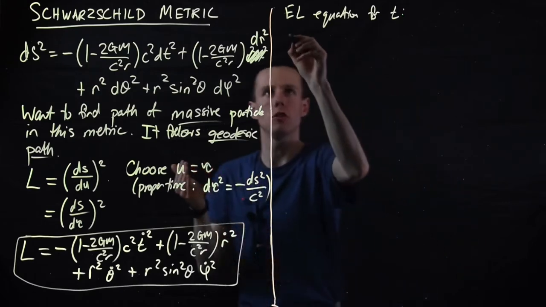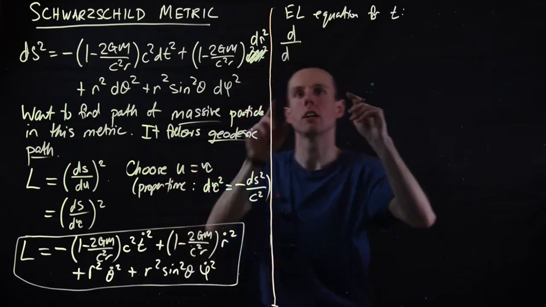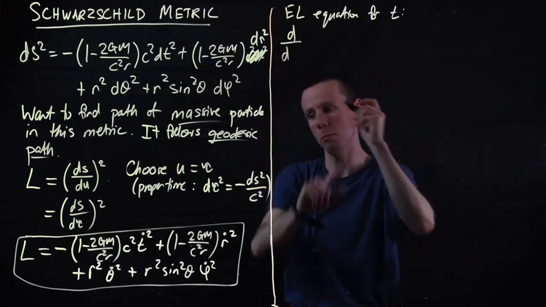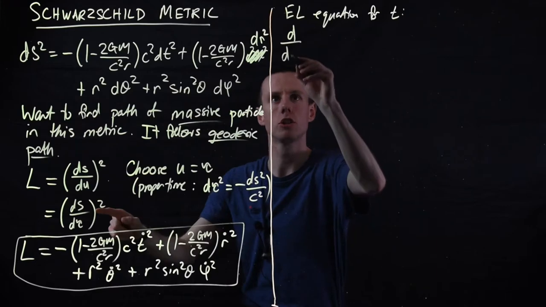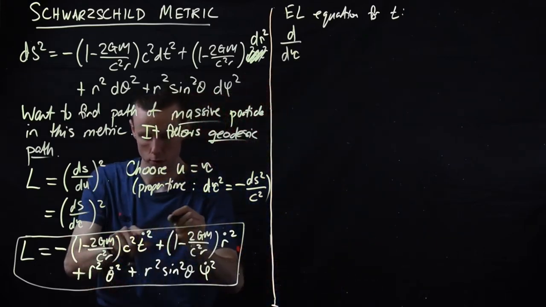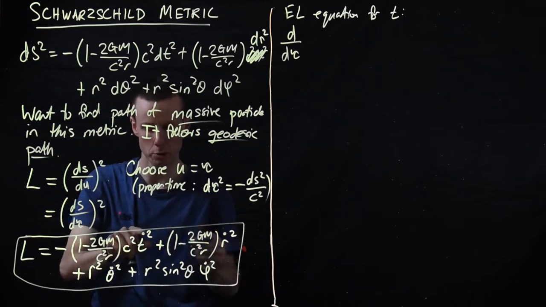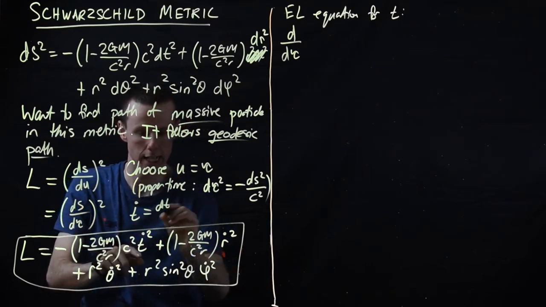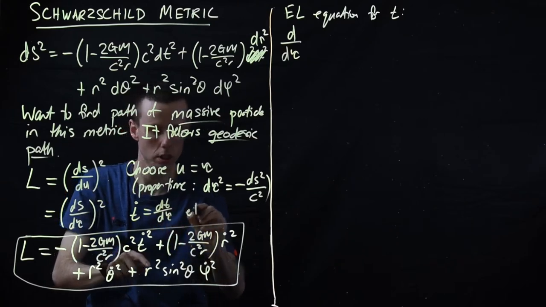And what is it? It's d by du, where the parameter of the geodesic goes, but we'll take that to be proper time, tau. Remember the dot just means differentiation with respect to tau, so t dot is just dt by d tau, and so on.